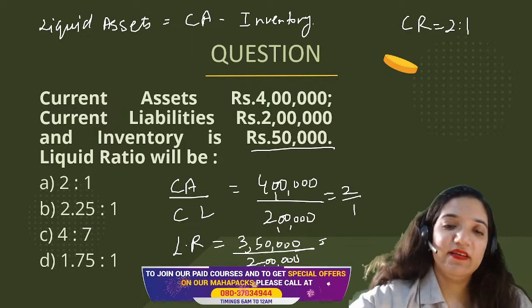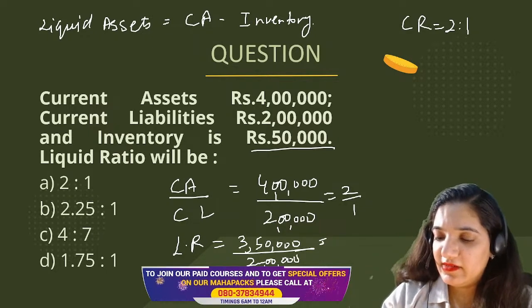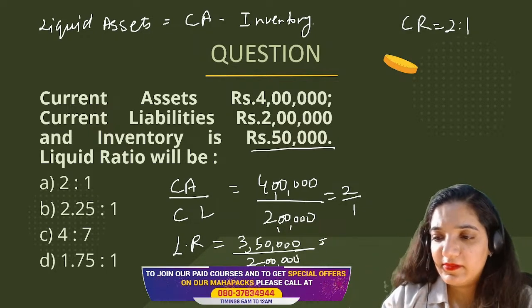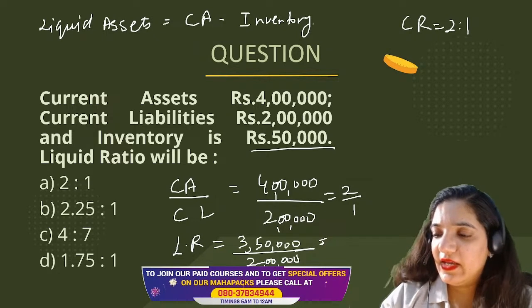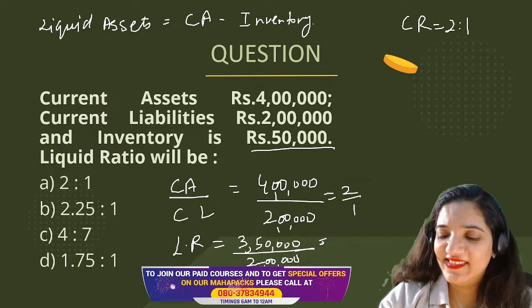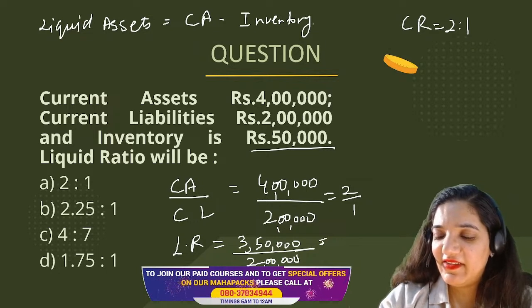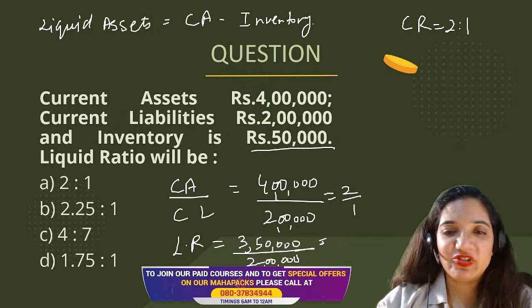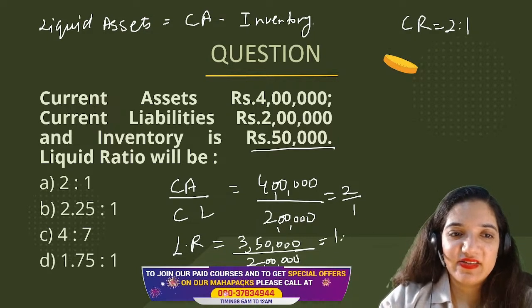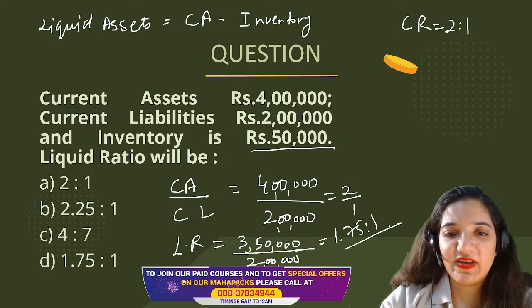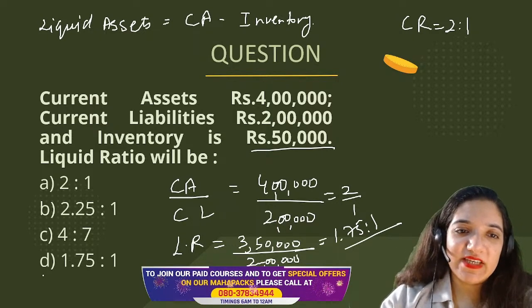What's the answer then? It turns out to be 1.75:1. So the answer is 1.75:1. Okay, so the correct answer would be D, everyone.